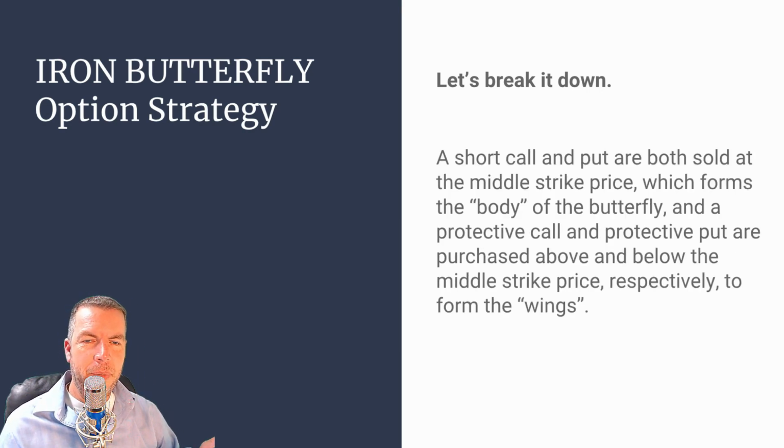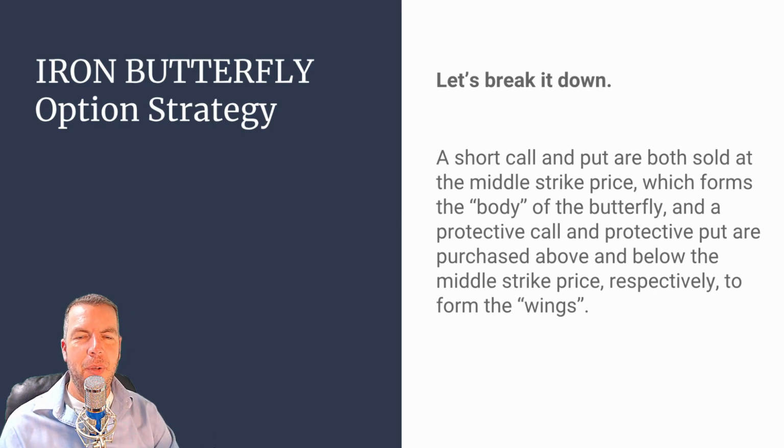Basically, in an iron butterfly, the two short strikes that we're selling on the call side and the put side share the same strike price, and that forms the body. Then we go out and buy a protective call and a protective put, and that makes up the wings.